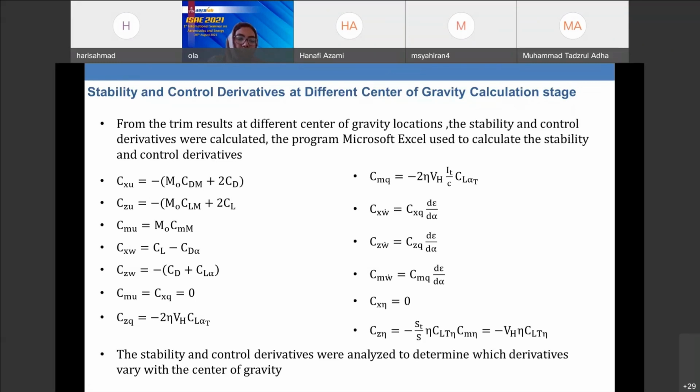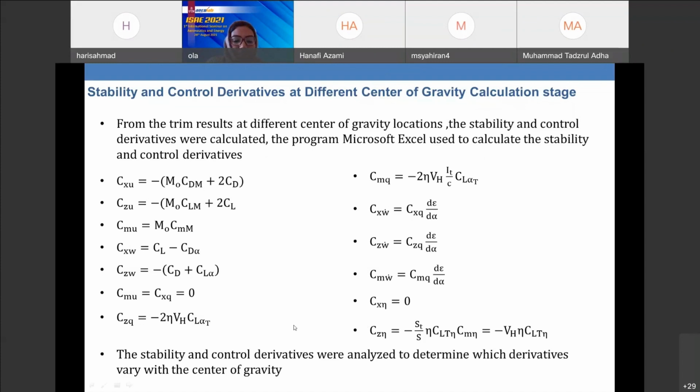Now the fourth step is a stability and control derivative at different center of gravity location. From the trim result, the result that we obtained from the previous stage, we represented them on graph, and from these results, we calculated the stability and control derivative at different CG locations.